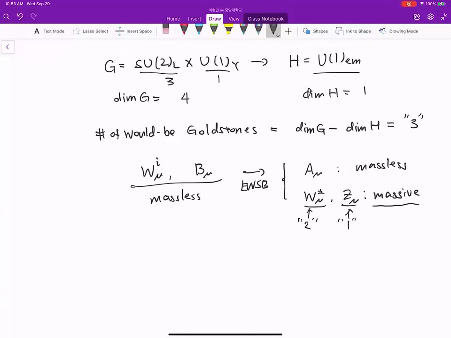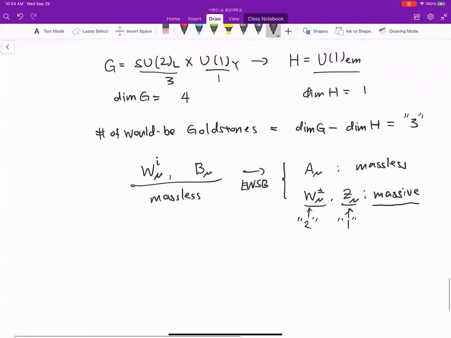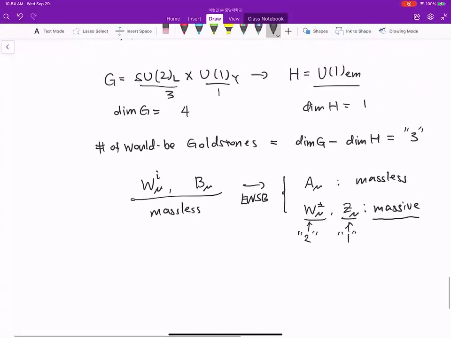Because of the 3 gauge bosons, it counts. The number of degrees of freedom is the same. The number of massive gauge bosons is the same as the number of would-be Goldstone bosons, the broken generators. So the Higgs mechanism is working for the standard model in that sense.